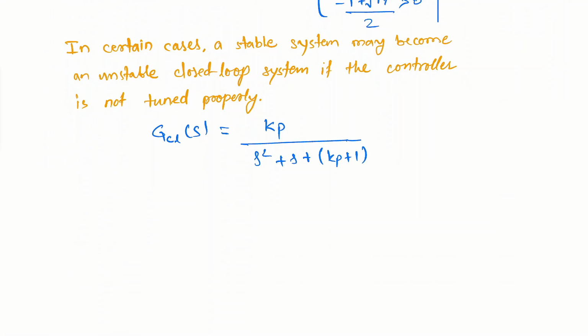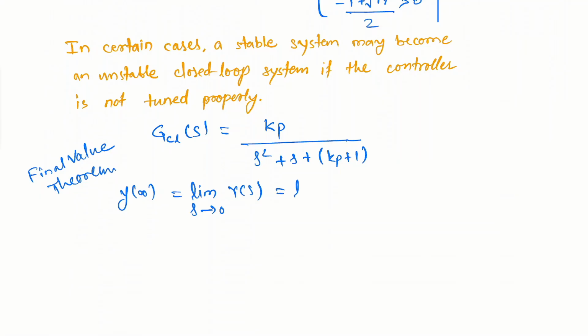So we want to find out y at infinity. So we'll use the final value theorem again. This becomes s tending to 0, s into y of s.